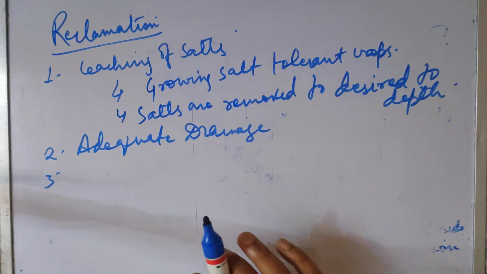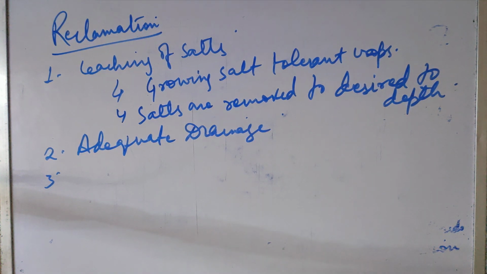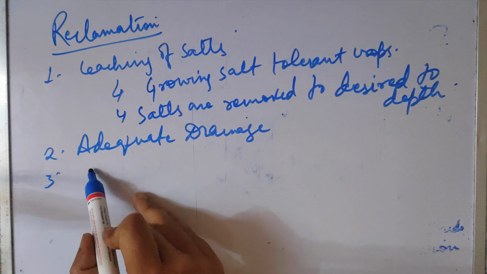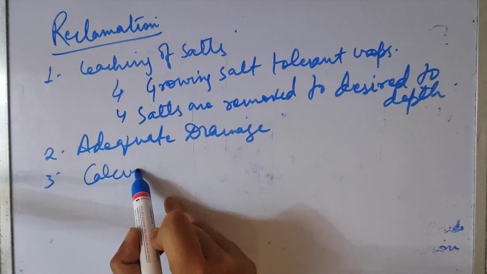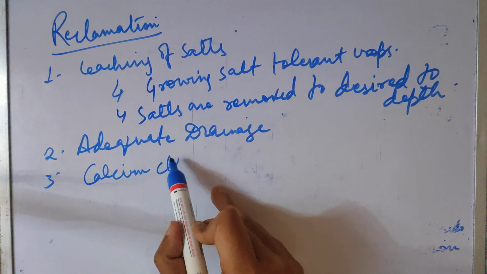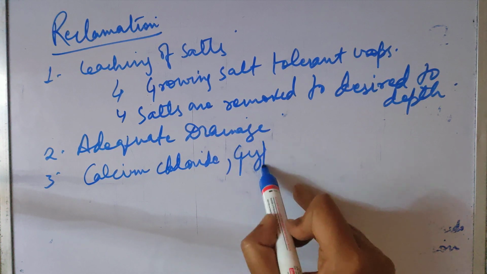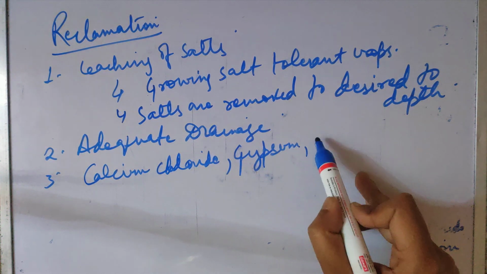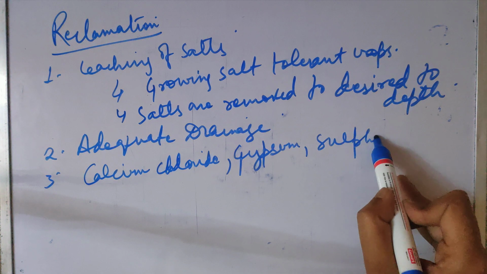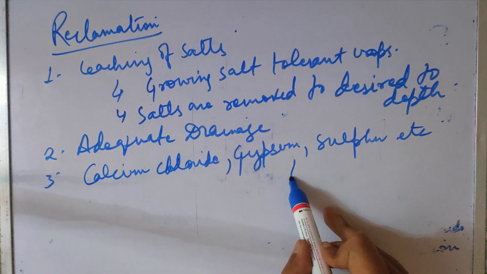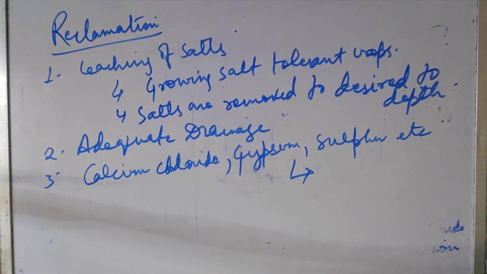Several chemicals like calcium chloride, gypsum, sulfur, etc. can be used for amelioration of soils.